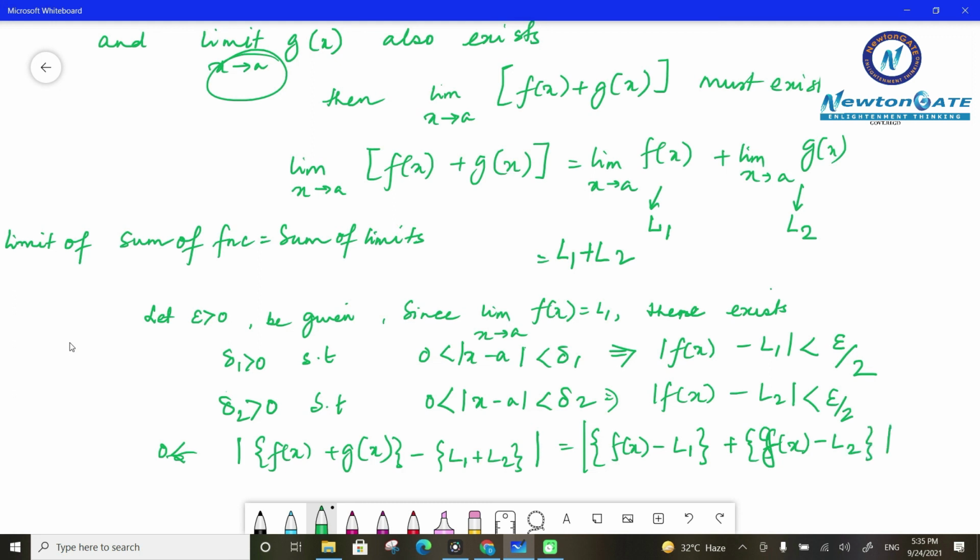As we know, in the mod I can separate it out: |f(x) minus L1| plus |g(x) minus L2|. So this is less than epsilon by 2 plus epsilon by 2, which is equal to epsilon. So even though I didn't have the limit for the sum directly, I can still get it by individually adding the limits.